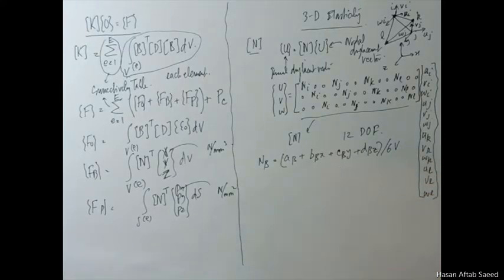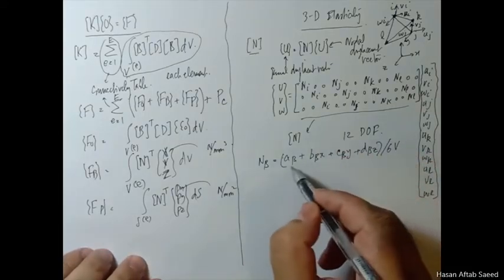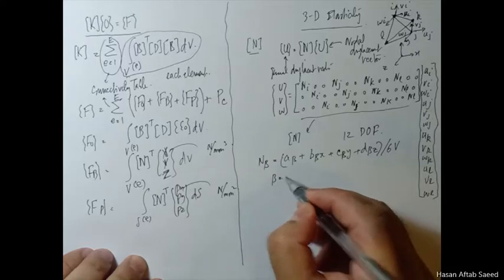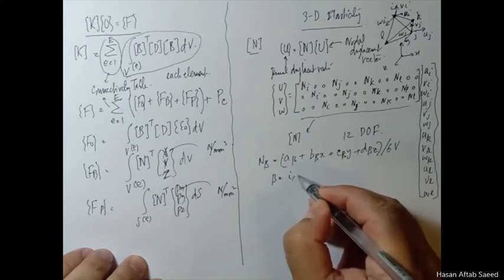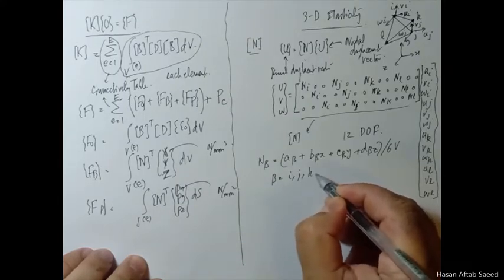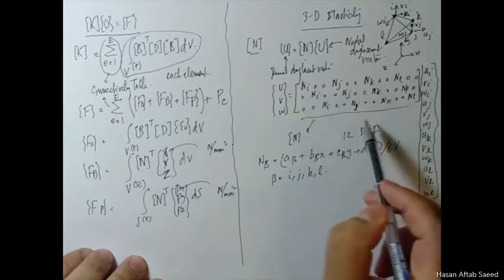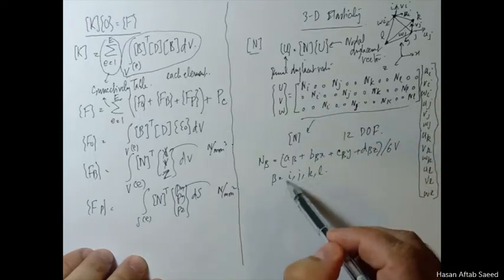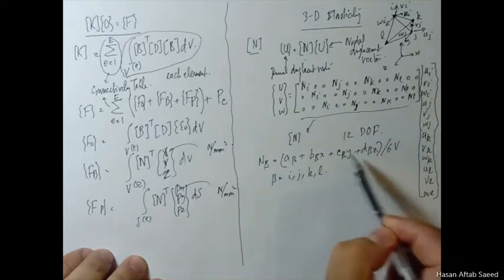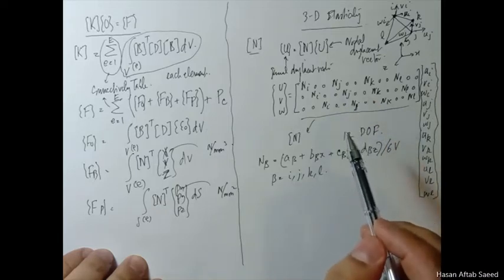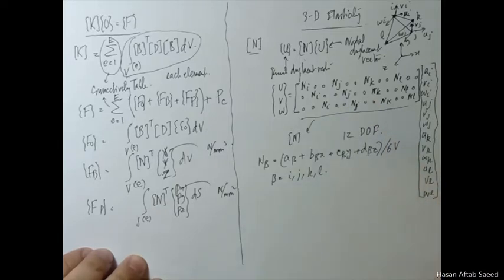It's lengthy but not that difficult. Now this is for beta. The index beta can take the form I, J, K, and L. So just replace beta with I, J, K, and L, and you get these expressions. So this is so far as the N matrix is concerned.